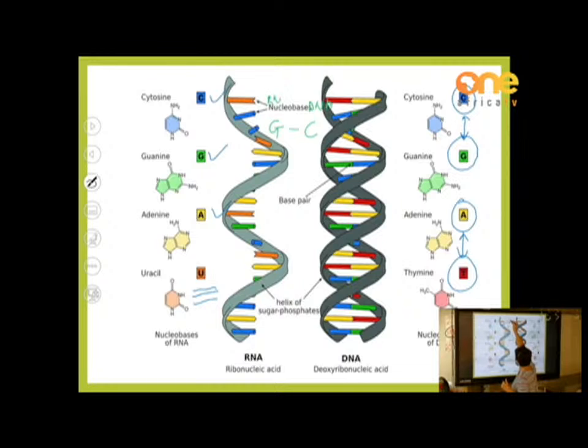There we have RNA, guanine will copy the cytosine. The adenine of the RNA will link to the thymine of the DNA. The uracil on the RNA will link to the adenine. Right. The cytosine on the RNA will link to the guanine on the DNA. I hope you do understand that.